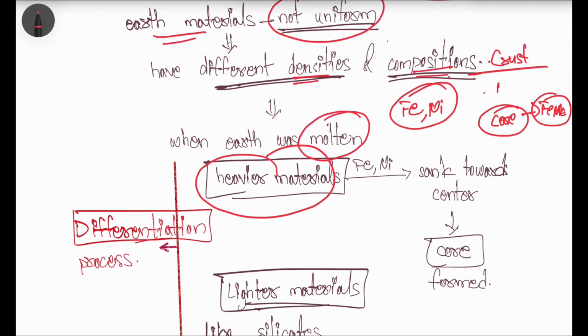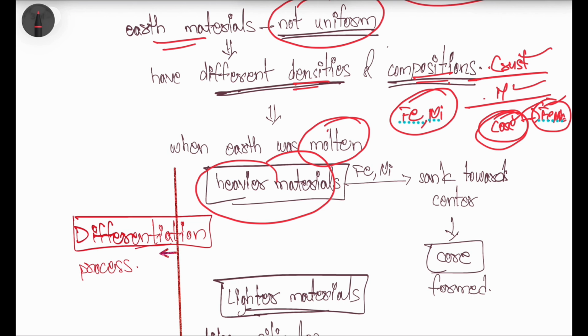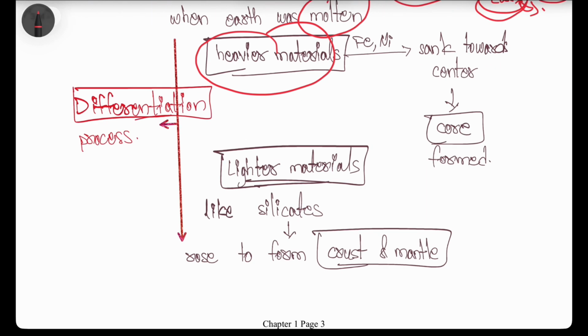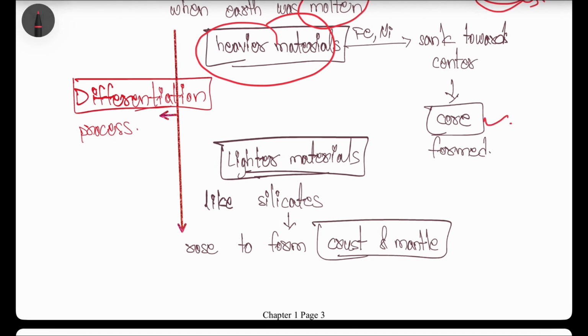So the uppermost layer is the crust, the middle one is the mantle, and the innermost one is iron and nickel when we see the composition of the Earth. These are the heaviest ones, and that's why iron and nickel settled to the core region. That's how the core of the Earth was formed.